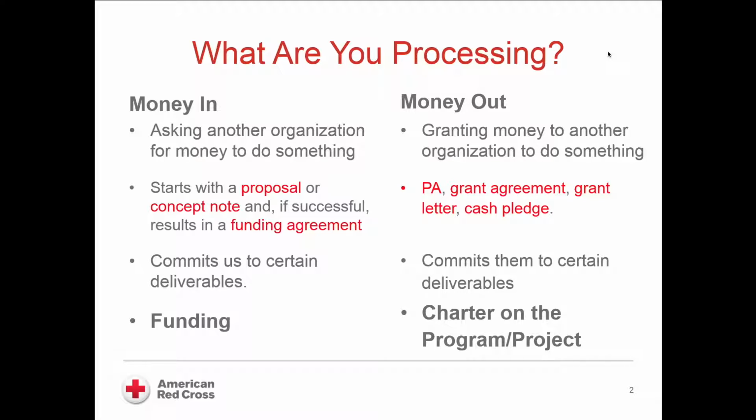On the one side, if it's funding, money coming in, you'd be processing the proposal or the concept note and the funding agreement on the funding object in ECOS. And if you are talking about granting money out, you'd be processing the PA, the grant agreement, the grant letter, cash pledge on the charter, which is located on the program project in ECOS.